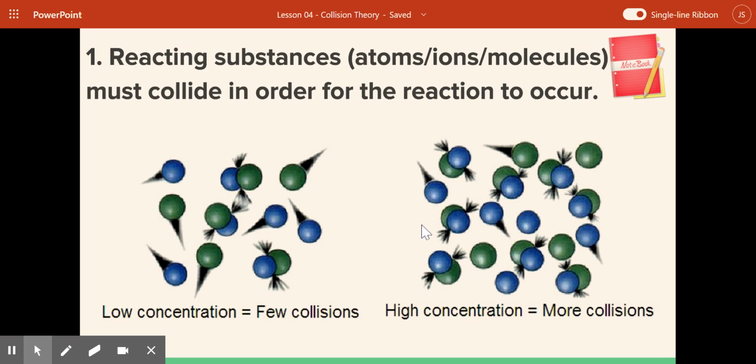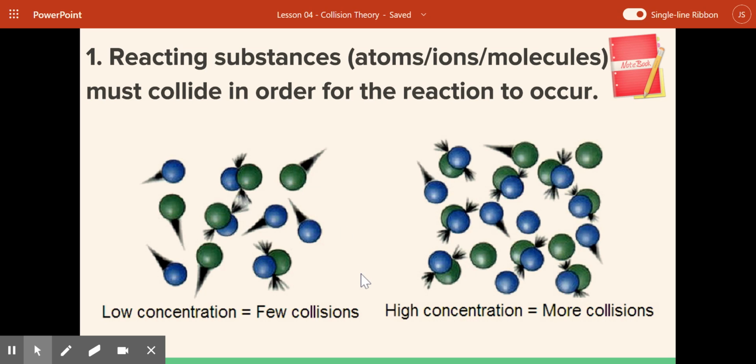When we were looking at sodium and water, there were a lot of water particles colliding with the sodium. If we compare that to the sodium in the air, we know that gas particles are further apart, so there were fewer particles that could collide with the sodium, and therefore fewer collisions. We are less likely to have a chemical reaction.